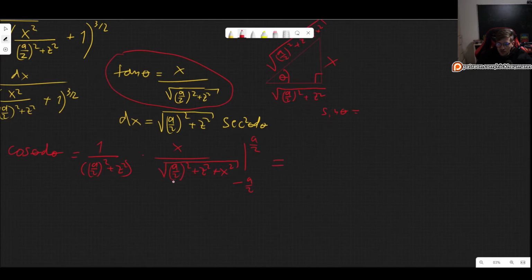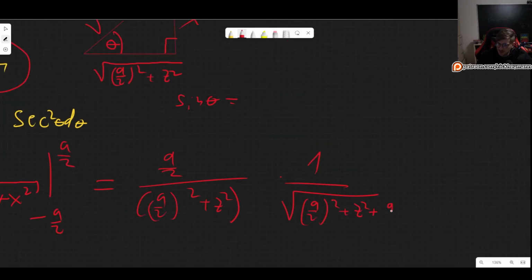Okay, so if we do this, let's see. If we evaluate at a over 2, we get a over 2 divided by (a/2)² plus z², and then times 1 over the square root of (a/2)² plus z² plus, and now a squared divided by 2, so a over a half squared.